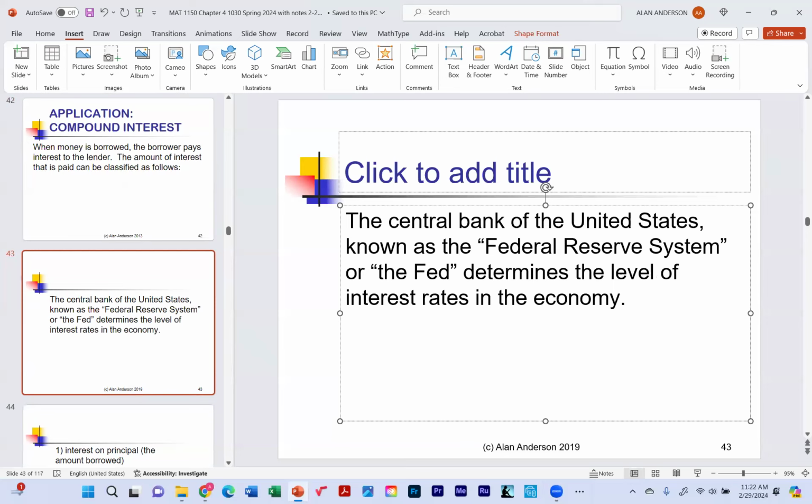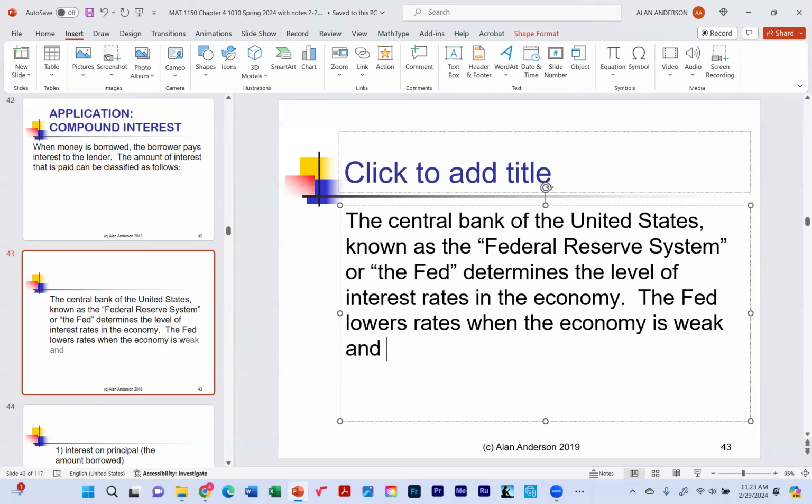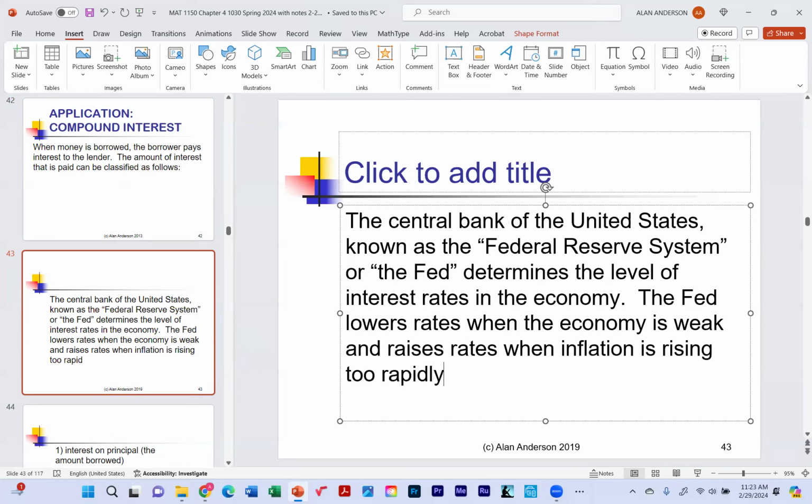In other words, they have the power to raise them and lower them, which they do on a regular basis, depending on what's going on. The Fed lowers rates when the economy is weak and raises rates when inflation is rising too rapidly, in other words, more than the Fed would like to see.